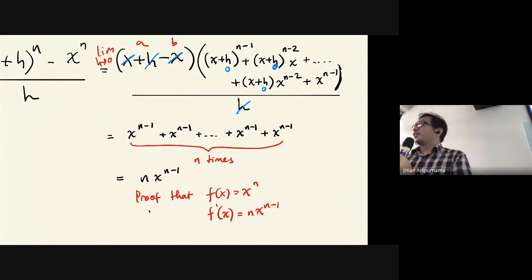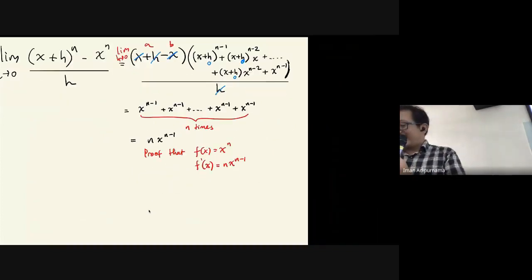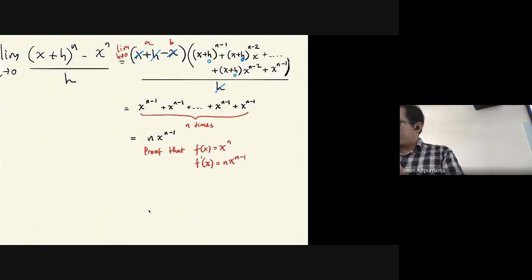Because when I was in high school, I went to a tutor, because I wanted to get my grade perfect. And I was impressed by the tutor because he could explain and give a proof. And later I realized when I entered university, oh, this is where it comes from. So this is called the power rule.